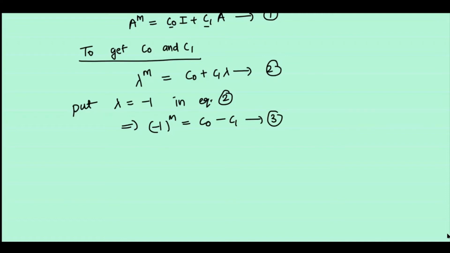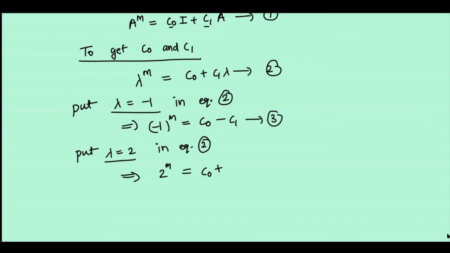Now our next eigenvalue is lambda equal to 2. So put lambda equal to 2 in equation 2. We will get 2 raised to m equal to C0 plus 2C1. Mark it as equation number 4.